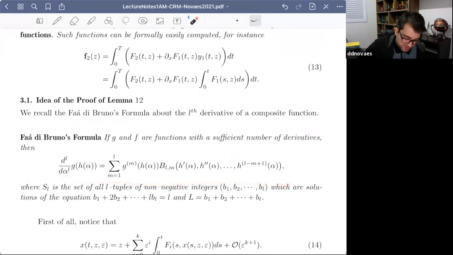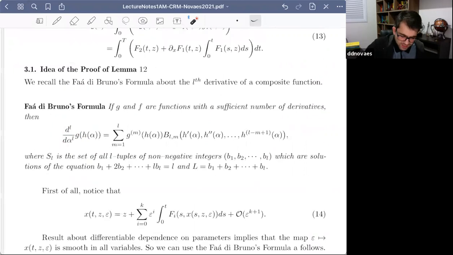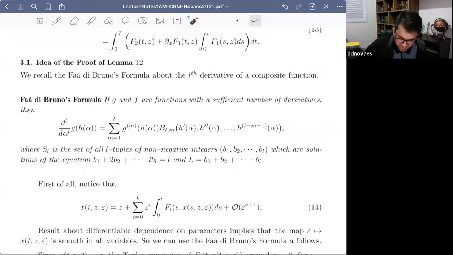I'm taking the L-th derivative of G composed with H, and the Faà di Bruno formula says that it's a sum of higher derivatives of G composed with H multiplied by partial Bell polynomials on the derivatives of H. Okay, so this is the formula.